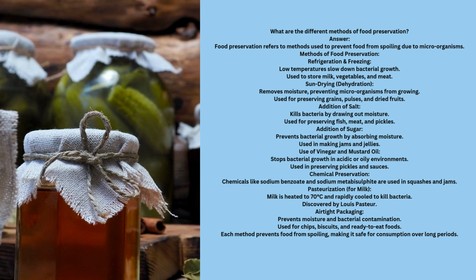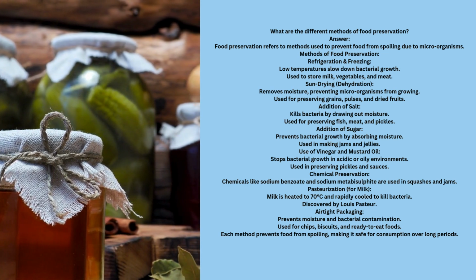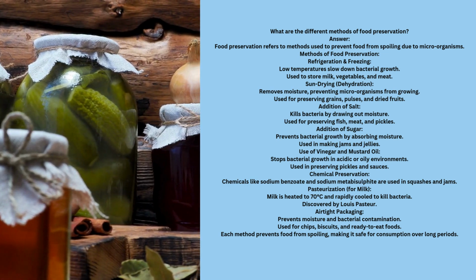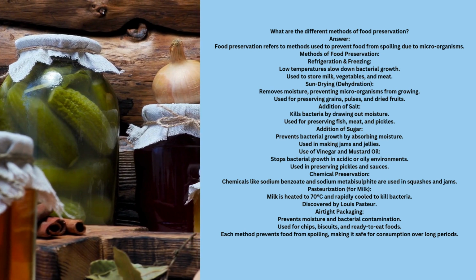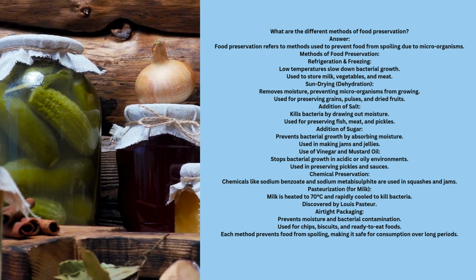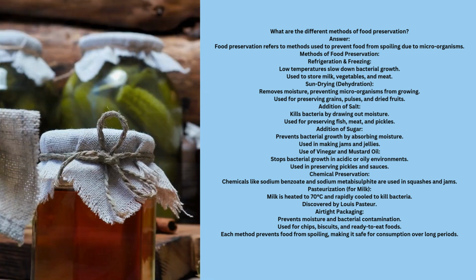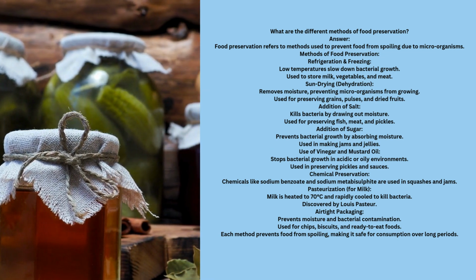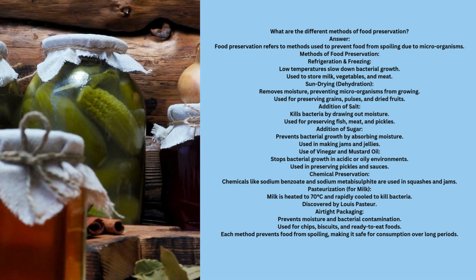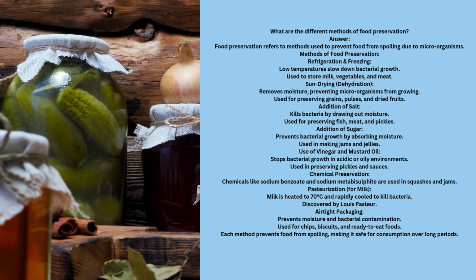Then pasteurization, in which milk is heated at 70 degrees Celsius and rapidly cooled to kill the bacteria, or airtight packaging. So each method prevents food from spoiling and makes it safe for consumption over a long period.